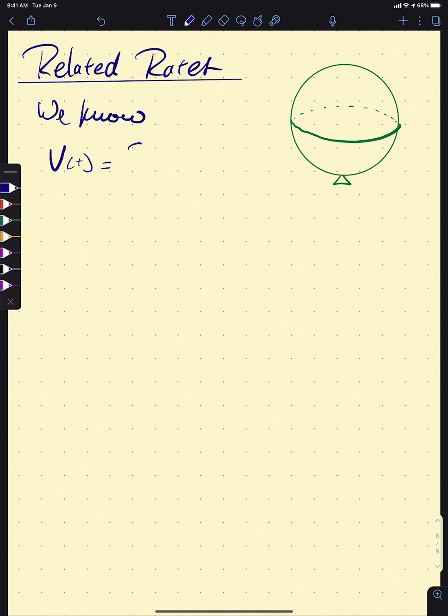But we do know, and you don't necessarily have to have this memorized off the top of your head, but the volume of a sphere is 4/3 pi r cubed, right? But like I said, our radius is a function of time as well. But it would be helpful to know what is the relationship between dV/dt and dr/dt, right?